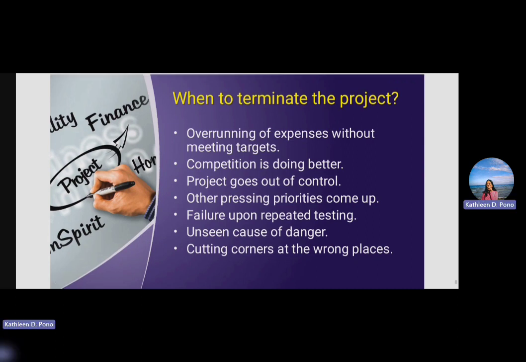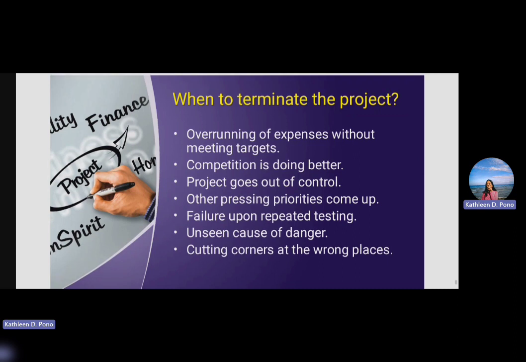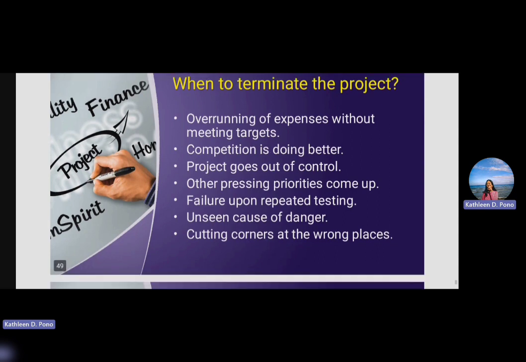And also, unseen causes of danger. If the project poses unforeseen dangers, risks, or hazards, then it may be necessary to terminate the project to avoid potential harm. And lastly, we can terminate the project if corners are being cut in the wrong places.